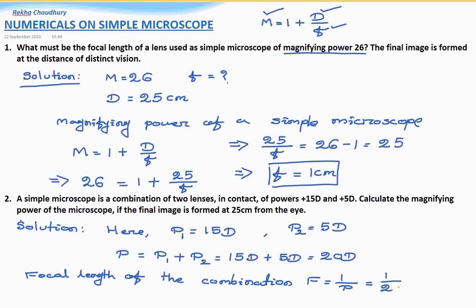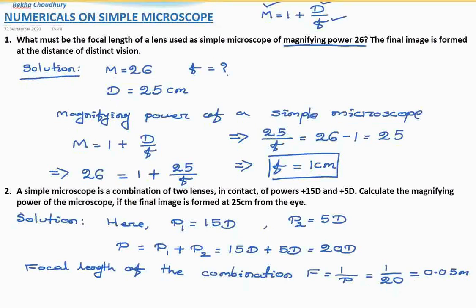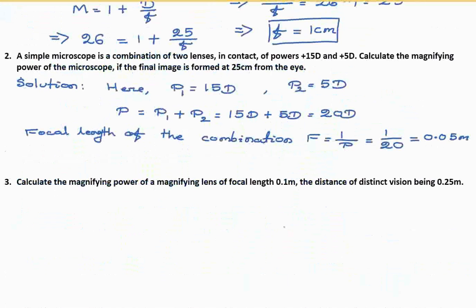So 1 divided by 20. So this is equal to 0.05 meter. So this is equal to 5 centimeter.